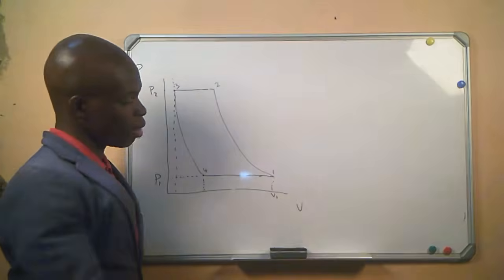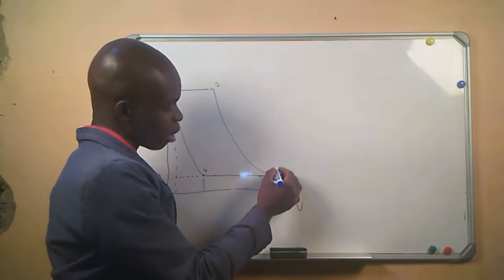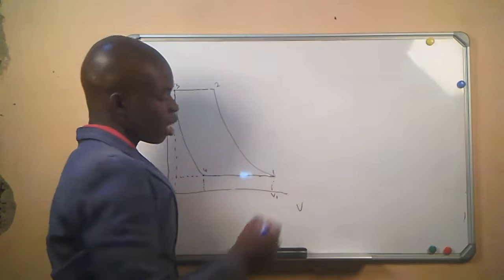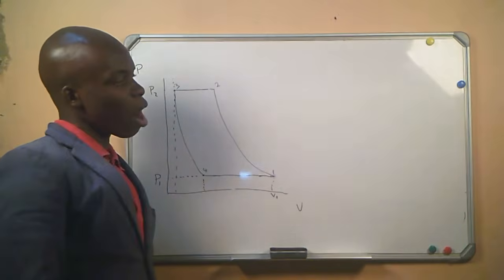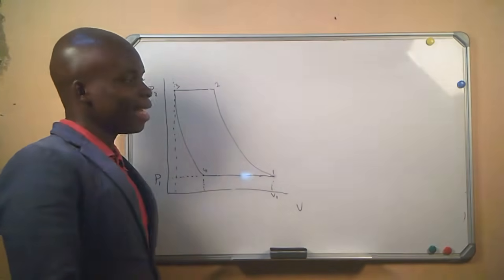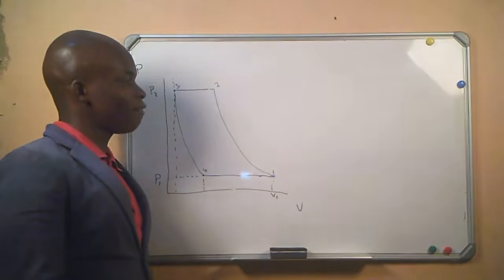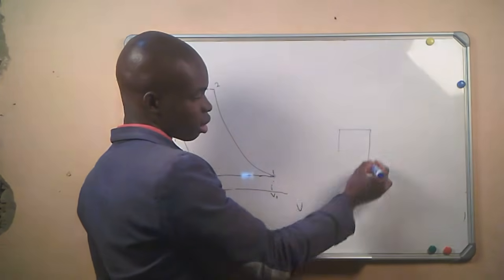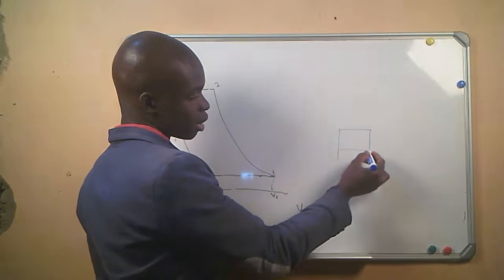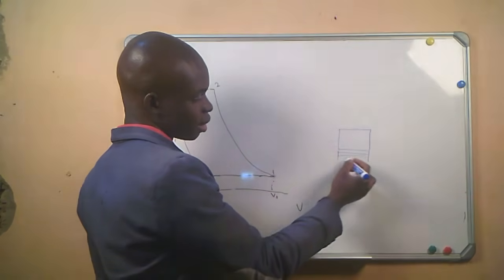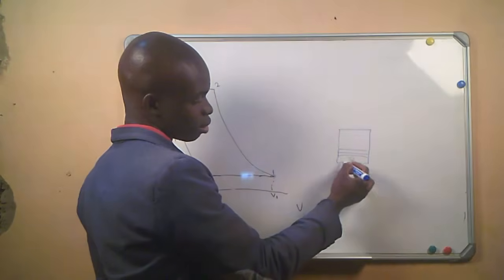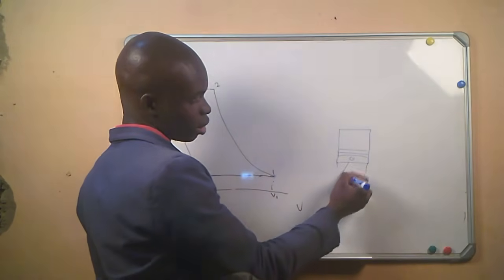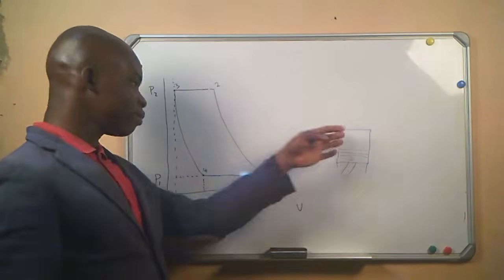So now here we have our point number 1, where our compressor is filled with air. The basic structure of a compressor is a piston and a cylinder. This is the piston, this is the cylinder.